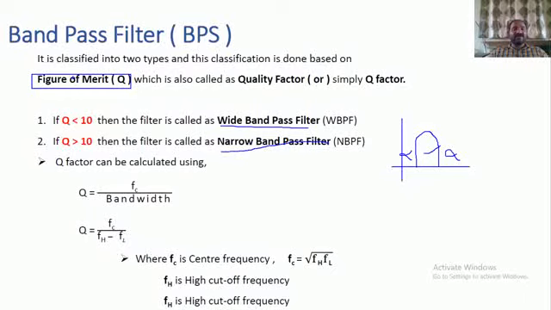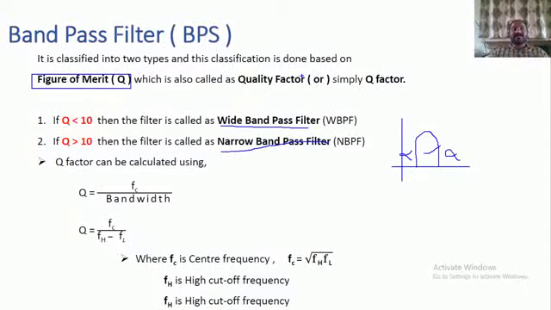The figure of merit indicates how effectively the circuit accepts a band of frequencies and suppresses the other frequencies. It is also called the quality factor or the Q factor. It indicates the effectiveness in selecting the band of frequencies.